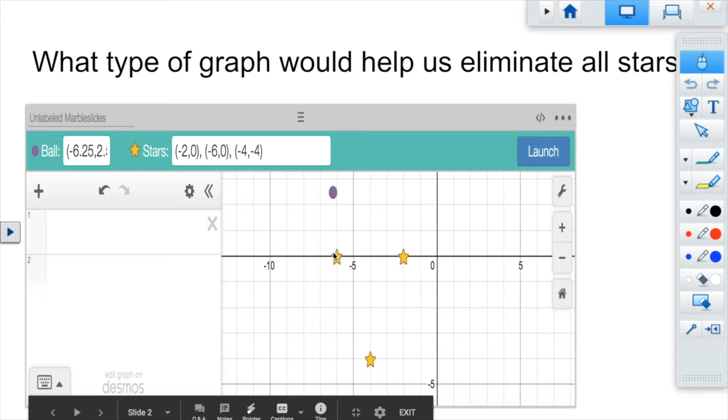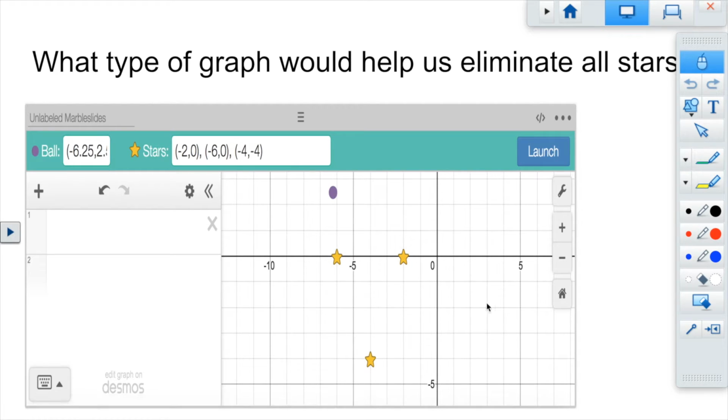And I could tell here's my stars, and anything that you've ever graphed before was a line. And I can't really do any type of line where I would take out maybe 1 or 2 stars at the most. Maybe I could put a line like this and I would take out that star.